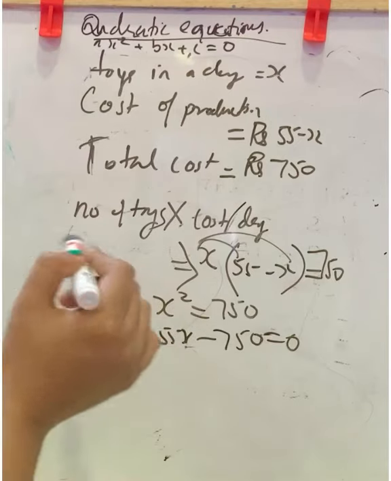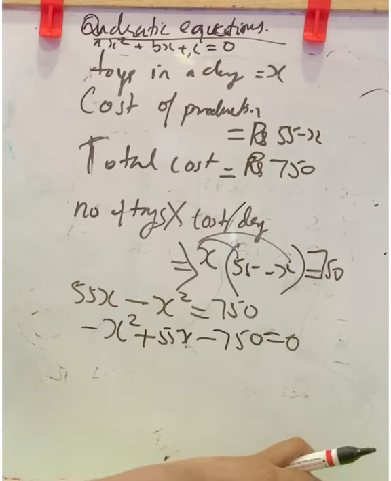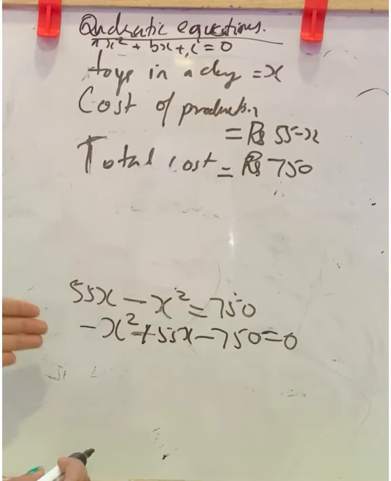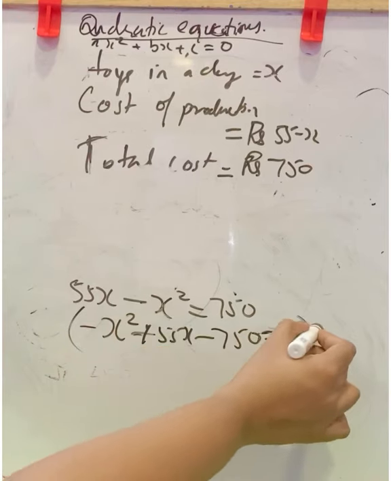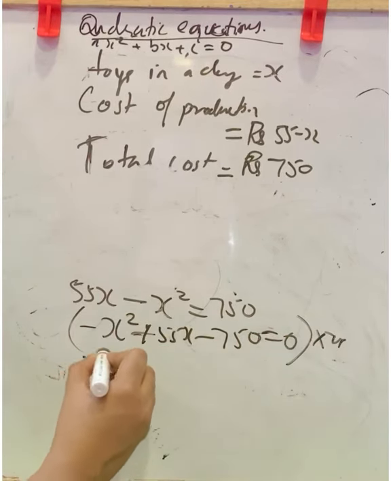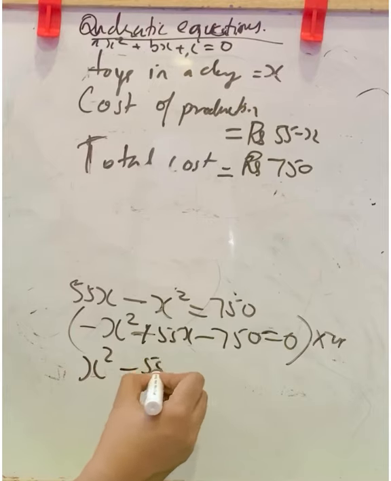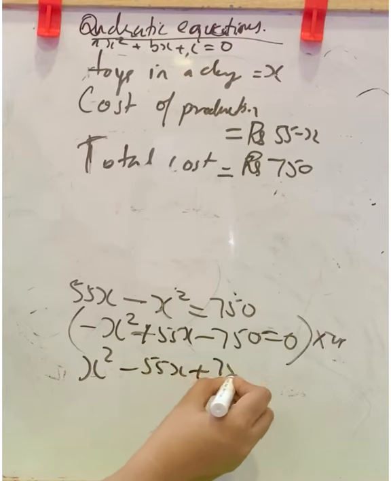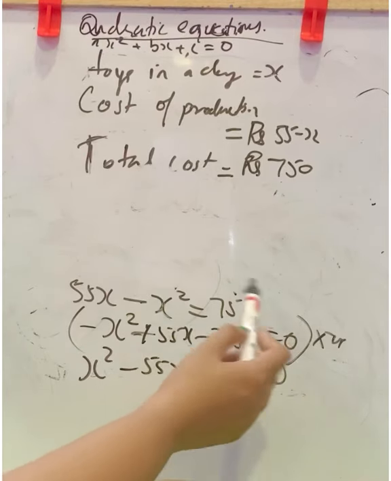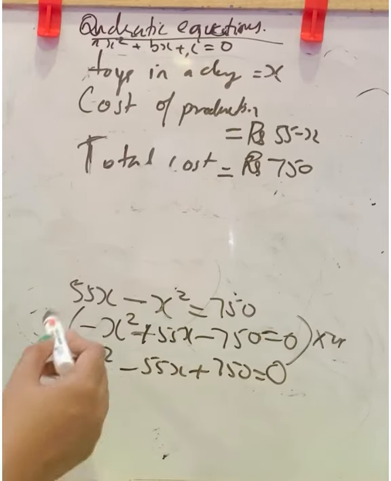Now this is the quadratic equation, and we have to solve it. Let us start the quadratic equation with positive, so we will multiply the whole thing by negative. This becomes x square minus 55x plus 750 equal to 0. Multiplying each term with negative, we get this.